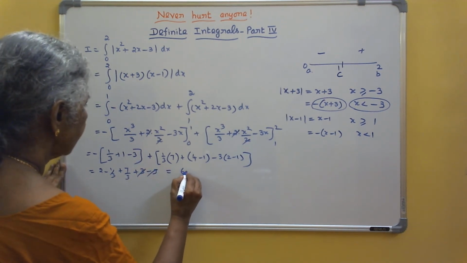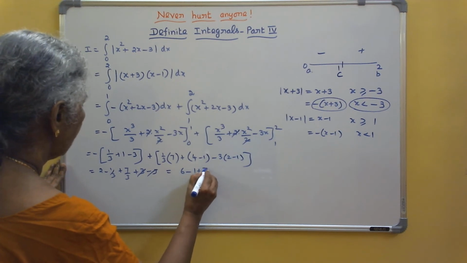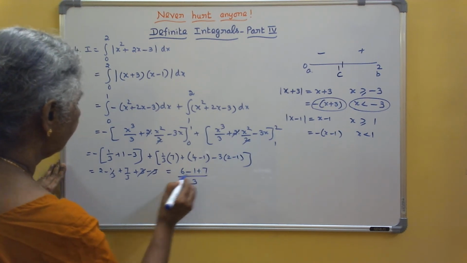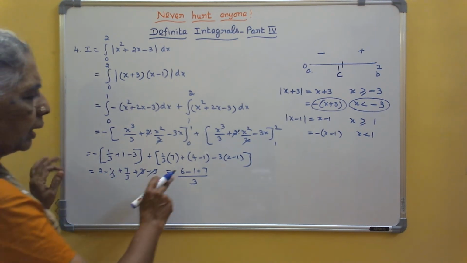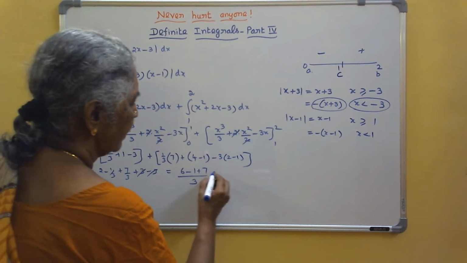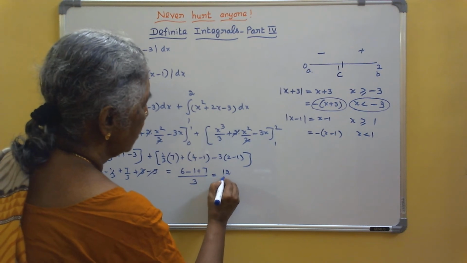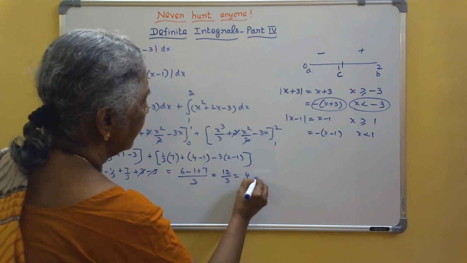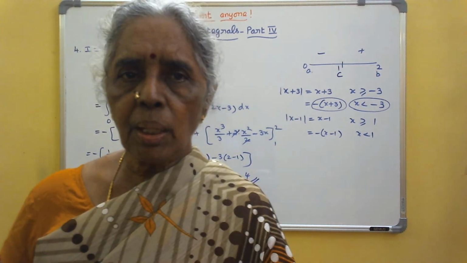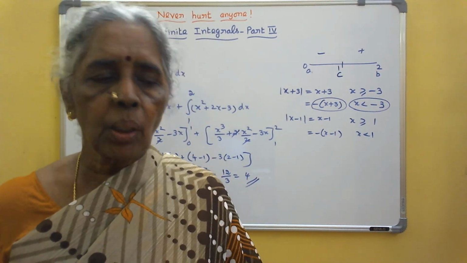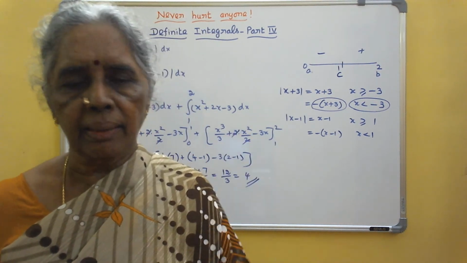You will get 6 minus 1 plus 7 by 3, right? So you will get now 6 plus 7, that is 13. 13 minus 1, 12. 12 by 3, which is 4. So the third sum and fourth sum are a bit different. Hope you have understood that, right?